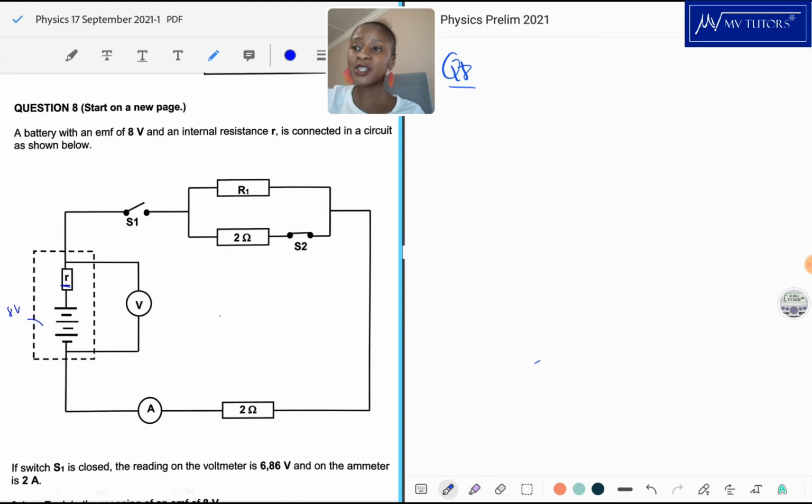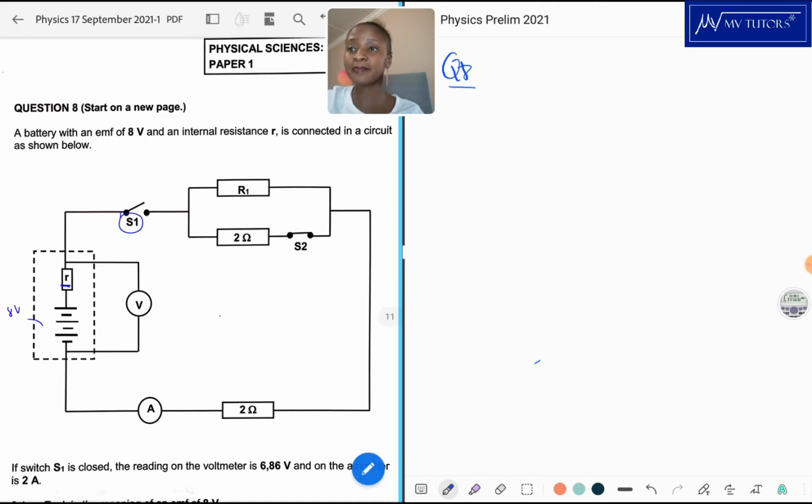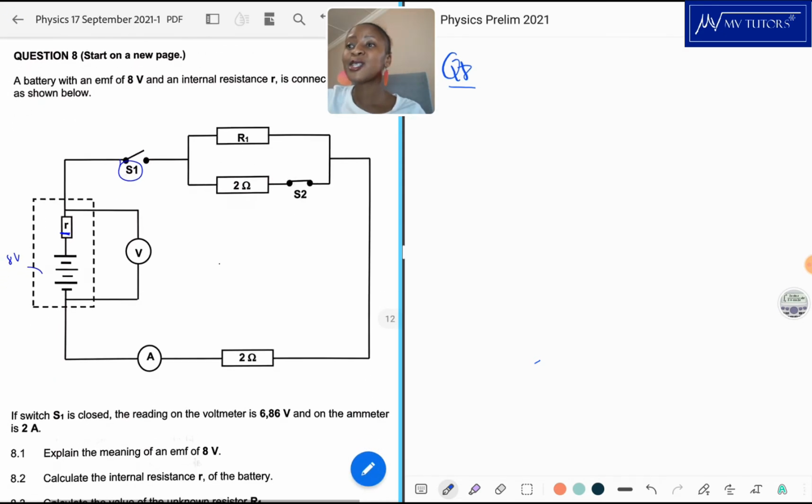Okay, if switch S1 is closed, the reading on the voltmeter is 6.86 volts, and on the ammeter is 2 amperes. So basically what they're saying is, when the switch S1 is open, you have the cell providing the maximum voltage, and in that case no current is flowing.